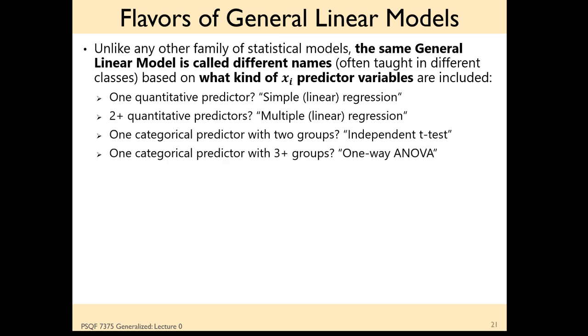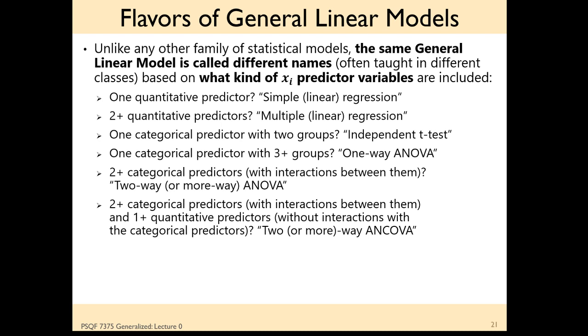If you have one categorical predictor with only 2 groups, that is known as an independent or 2-sample t-test. If you have 3+ groups for your categorical predictor, and there's only one predictor though, that's called a one-way ANOVA, or analysis of variance. If you have 2 or more categorical predictors and likely an interaction between them, which is a software default, you have a 2-way ANOVA.